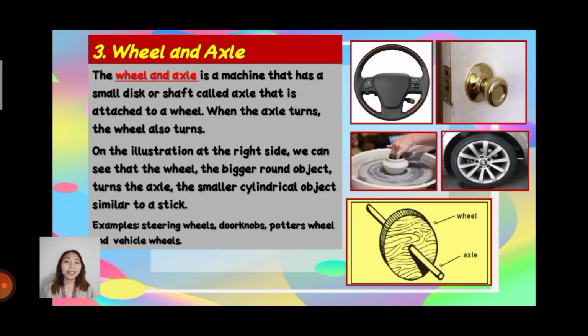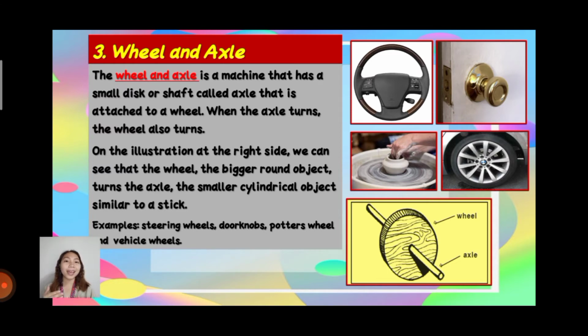The third example in a simple machine is what we call the wheel and axle. So the wheel and axle is a machine that has a small disc or shaft called axle. Okay, gitawag na siya axle. That is attached to a wheel. When the axle turns, the wheel also turns.